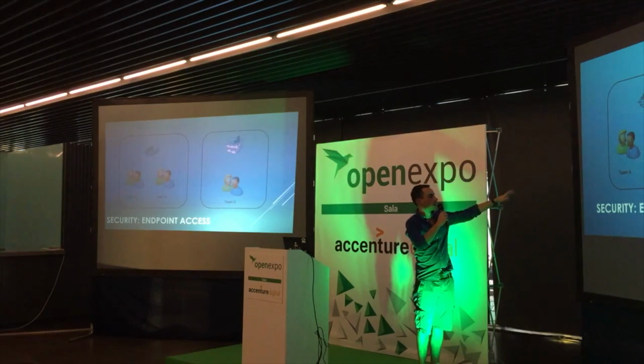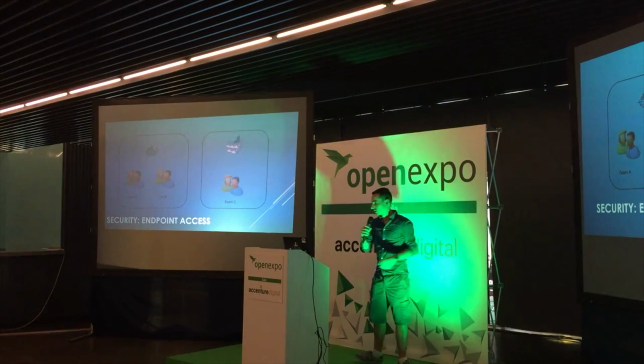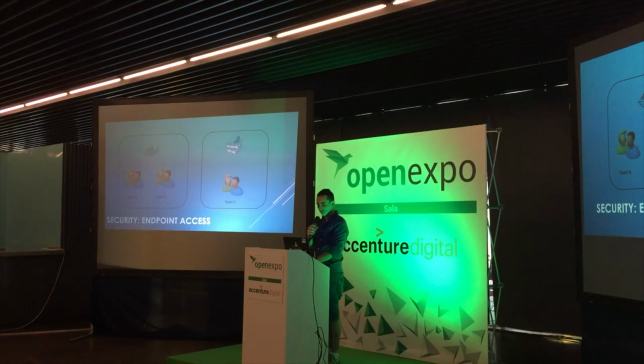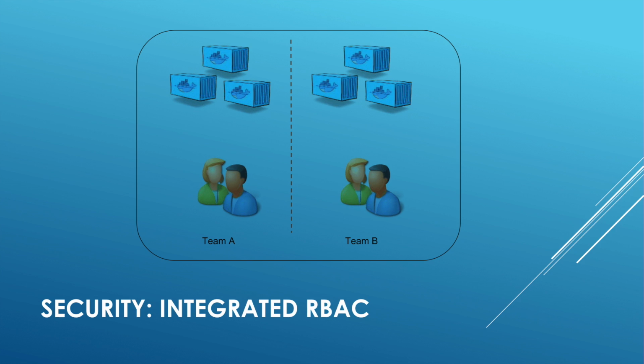So we're going to say, for example, that team A and B is development and C could be operational. More than that, what we want to achieve inside the same environment is to have this isolation. So being able to say, okay, team A is going to create and manage their containers, but team B is not going to be able to see them or manage them. And the same for team A. They won't be able to manage containers from team B.